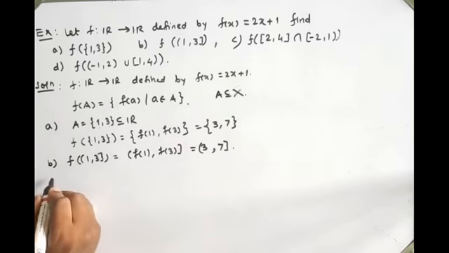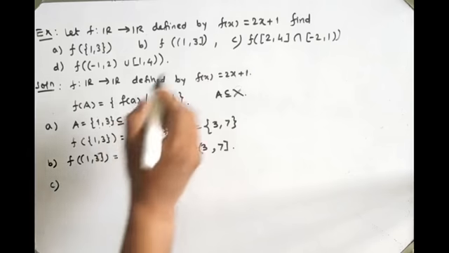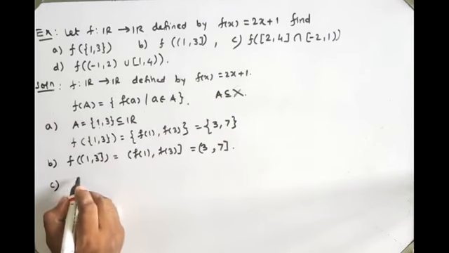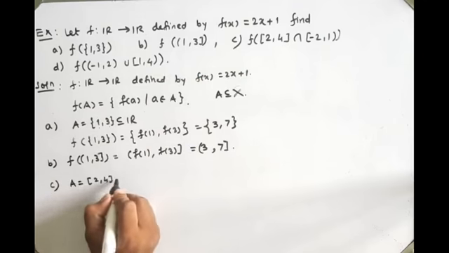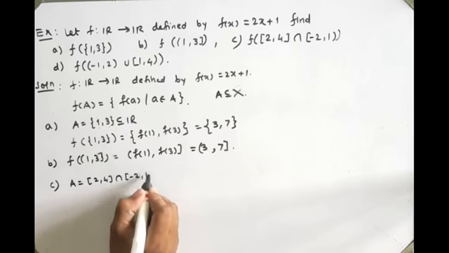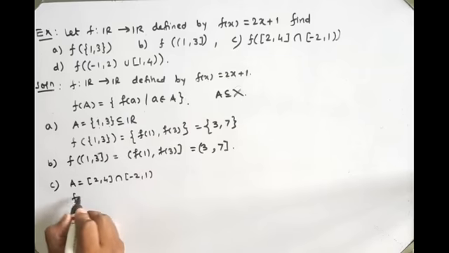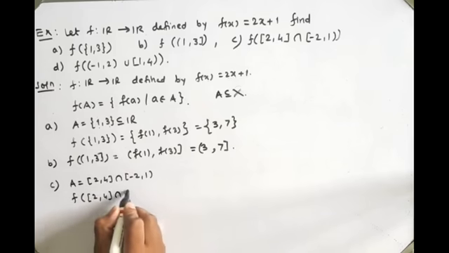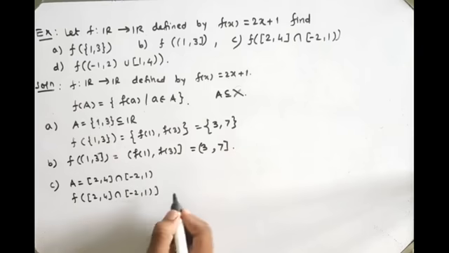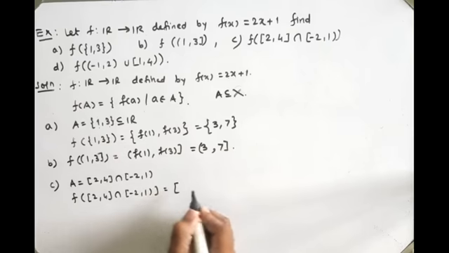Now next, the third one that we are given. Here set A is [2, 4] intersection (-2, 1). So our definition is f of [2, 4] intersection (-2, 1), which is equal to, what is the definition?